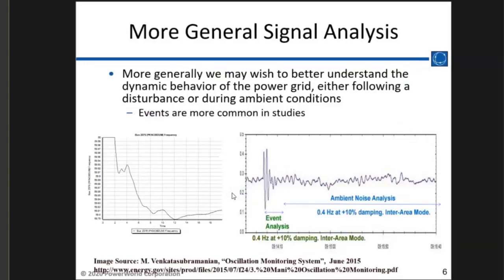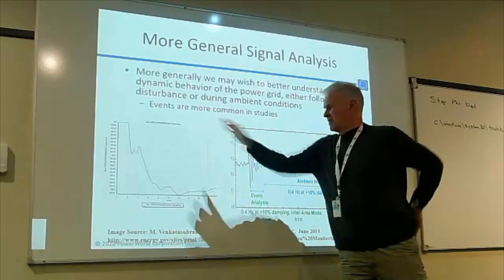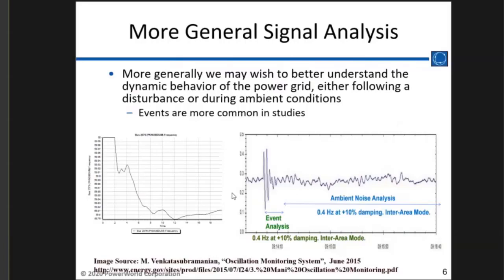And we'll show how you can easily decompose a response like that into its modes. This tends to be, we'll talk about ring down analysis. There's some event, and then the system rings down and settles out. What we won't be talking about too much here is analyzing more ambient noise and looking at frequency in ambient noise. That's not something that we do currently, but we might be adding it eventually.